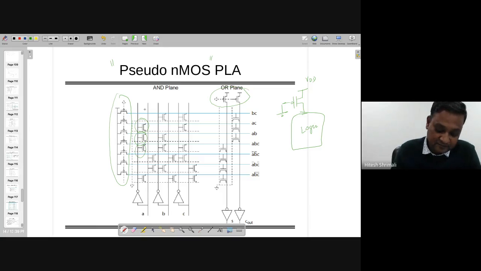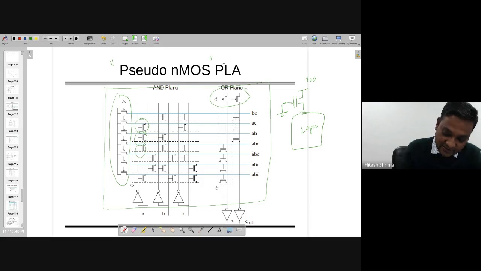NAND requires one NOT gate so that you can have AND. That is happening there, and for the OR you keep everything in parallel, so that you can have the OR operation. So this is how it's actually made inside this PLA structure.